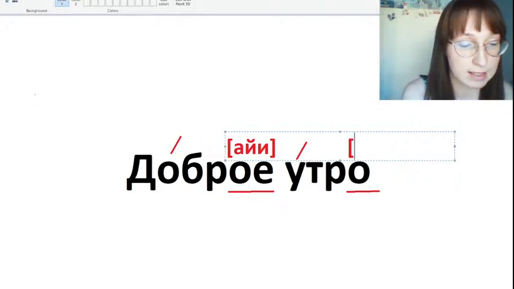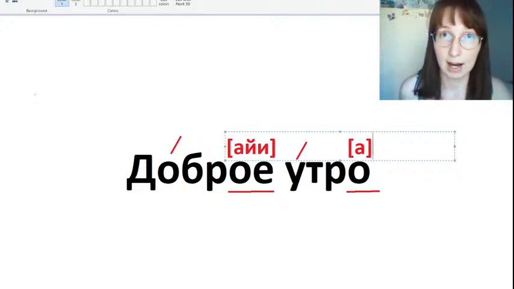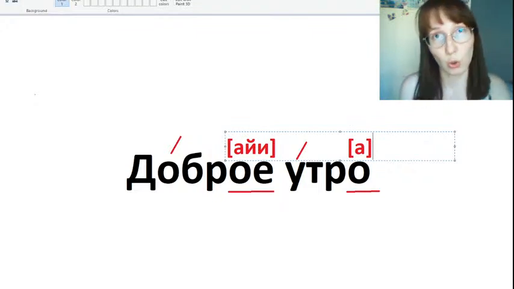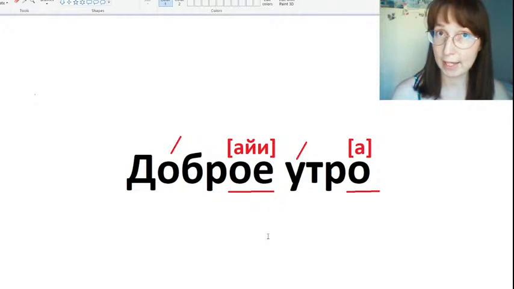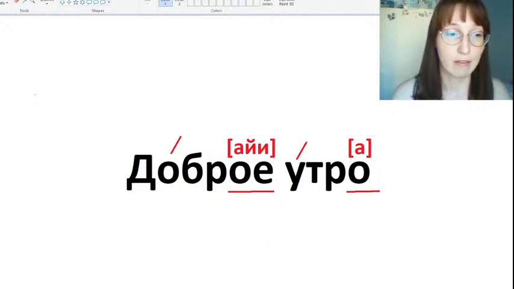The last sound is also unstressed O and represents an А sound. Доброе утро. And the answer is доброе.